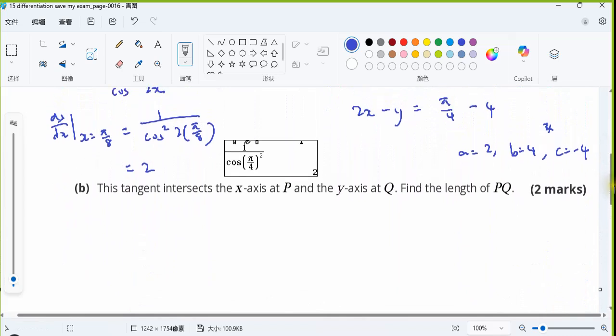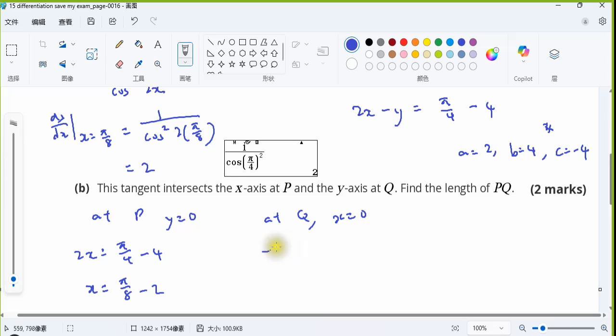This tangent intersects the x-axis at P. So at P, y equal to 0, x-axis y equal to 0. So 2x equal to pi over 4 minus 4, x equal to pi over 8 minus 2. At Q, x equal to 0. So negative y equal to pi over 4 minus 4.